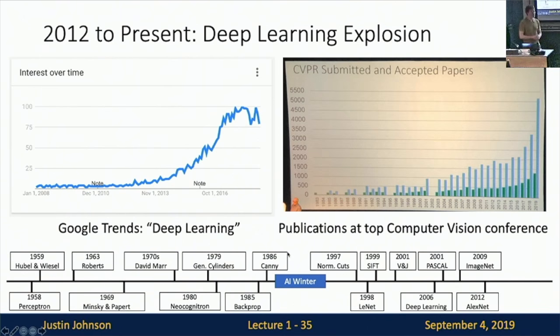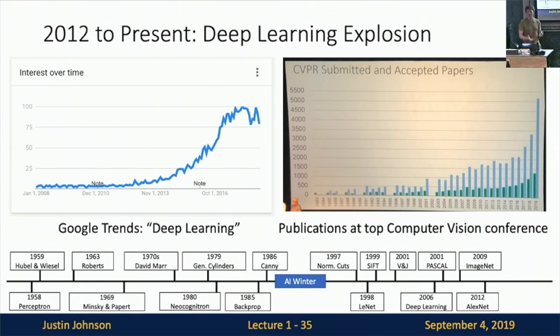So you can see that the last 5 to 10 years have resulted in this massive explosion of machine learning systems, both in popular perception as measured by Google Trends, as well as a massive increase in academic interest in both machine learning systems and computer vision systems, as evidenced by this plot on the right.